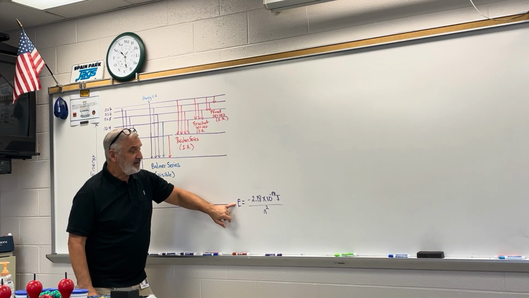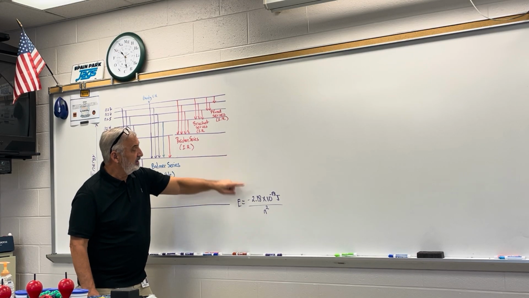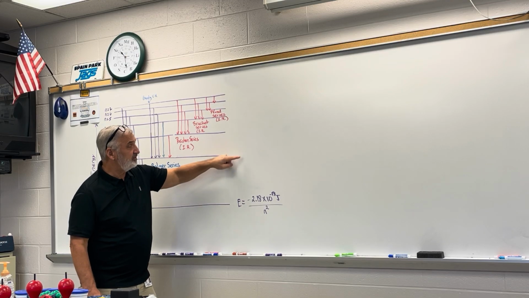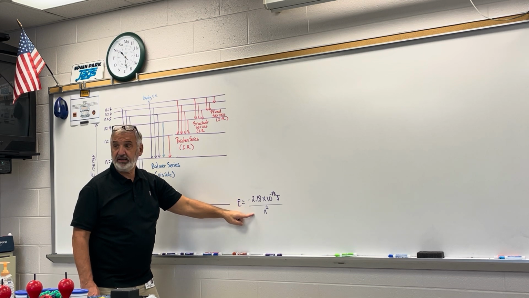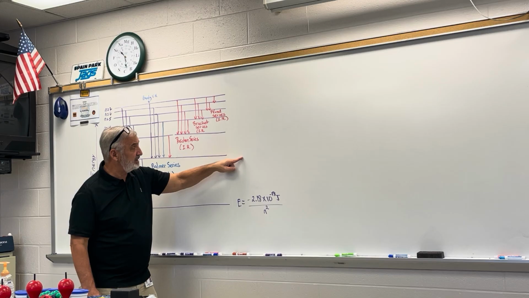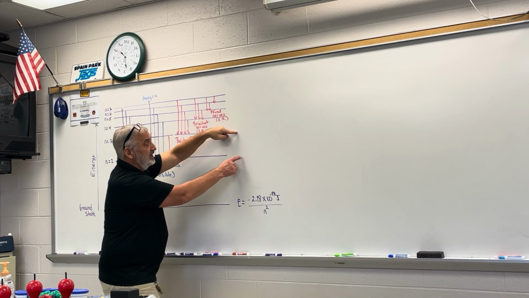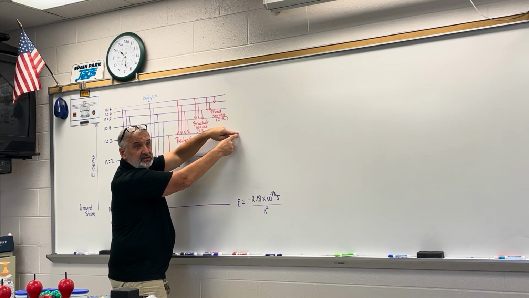Now, if I go from this energy level to this energy level, and I divide this by 1, and then I divide this by 4, since we're negative, this is going to be 4 times more energy than this one. But if I go from here, dividing by 2 squared, to here, 3 squared is 9, so if I divide by 4 and divide by 9, now we're only at about 2 1/4 times difference.